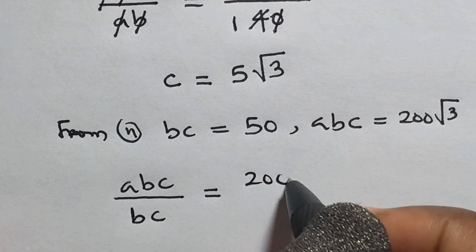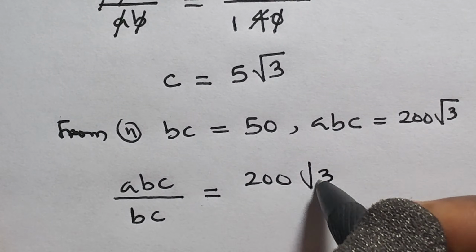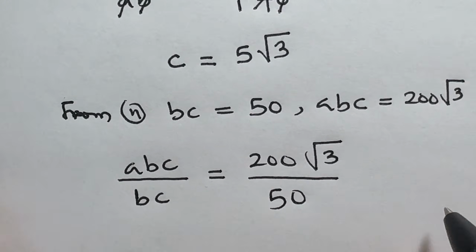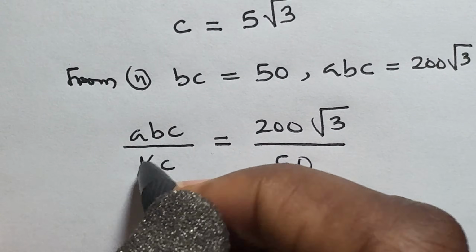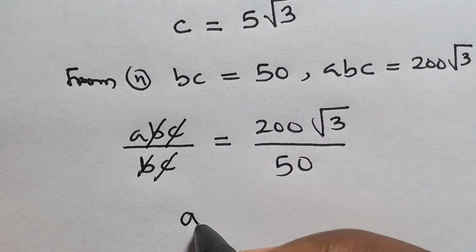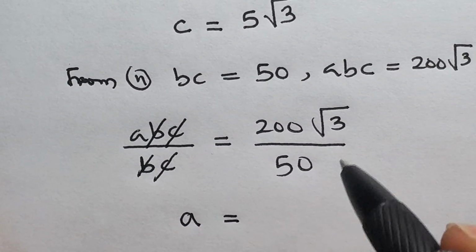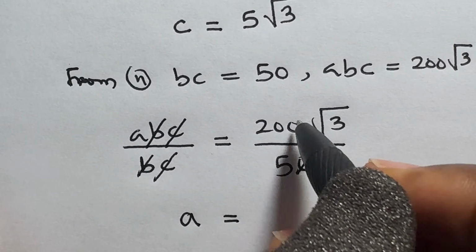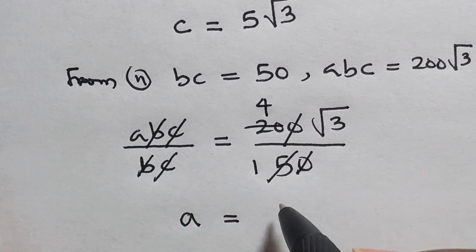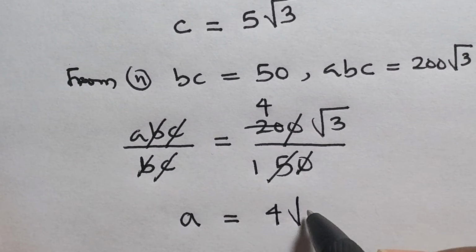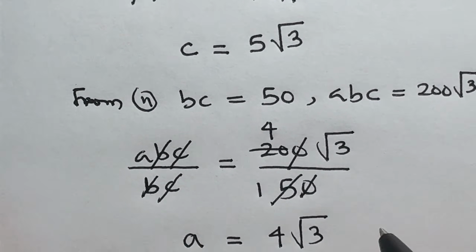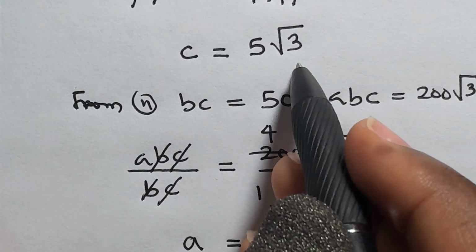This will be 200 root 3 divided by 50. So B takes care of B, C takes care of C. On the left we have A, so equal to, this takes care of this. 5 here is 1, 5 in 20 here is 4. This gives us 4 root 3. So A is equal to 4 root 3, C is equal to 5 root 3.